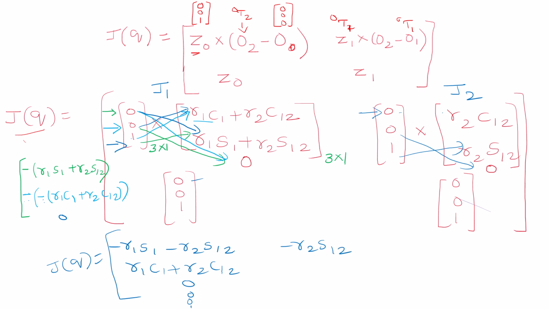And then for the second element, you have to hide the second row. So it would be 0 into 0 minus of minus, so it will be plus, so it would be R2 C12. And the last row you will hide, so the third row will be 0, followed by 0, 0. So this was the Jacobian for the RR manipulator.